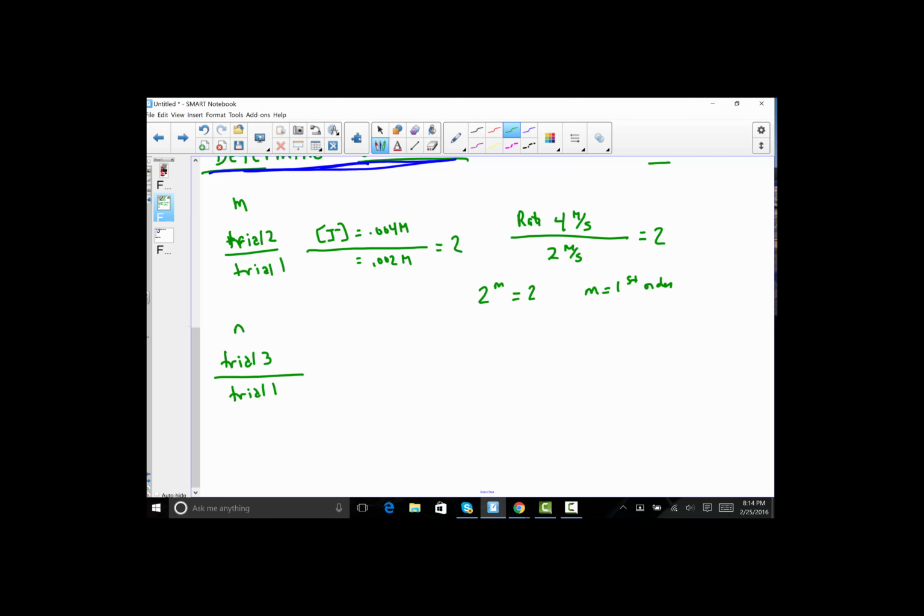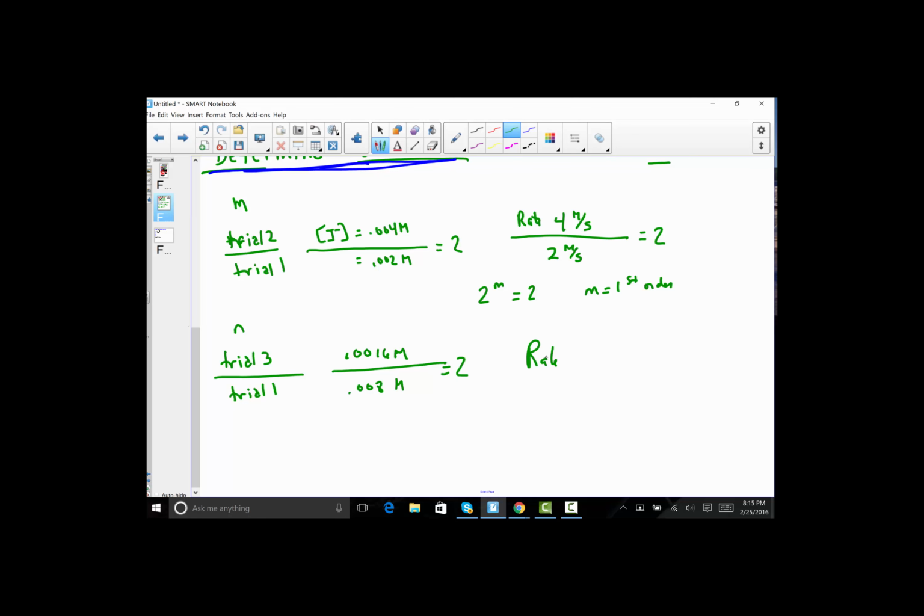And you'll follow that same pattern. We'll say the concentration of bromate in trial 3 is 0.0016 molar, and in the next trial that we're comparing, it was originally 0.008. So that's a doubling of the concentration.